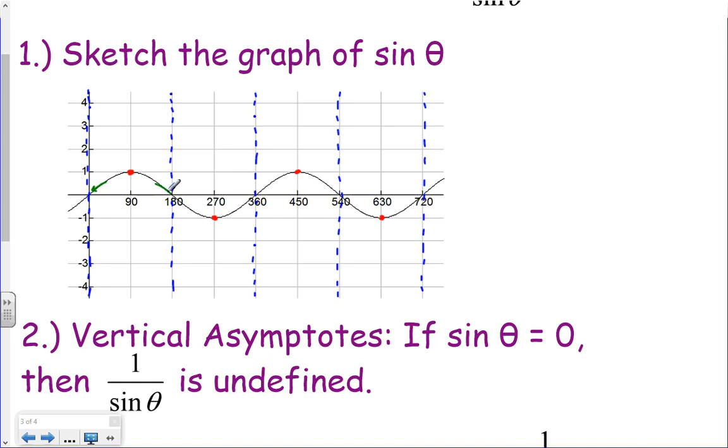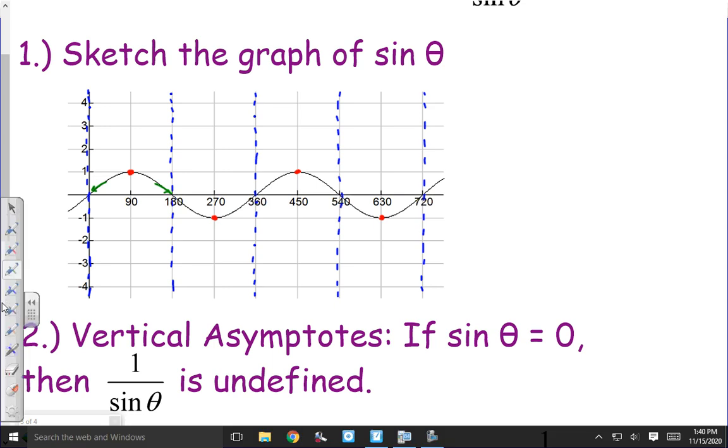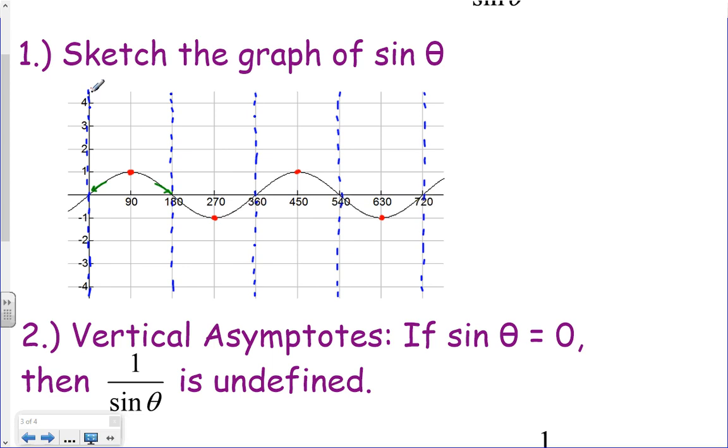But as I head towards that value of 180 degrees, the sine is getting really, really small, the sine of those values. So when I reciprocate those, I end up with large values. So when I go to sketch what this looks like, I would expect that I'm headed towards positive infinity over here on the left side. And again, the same thing happens over on the right side.